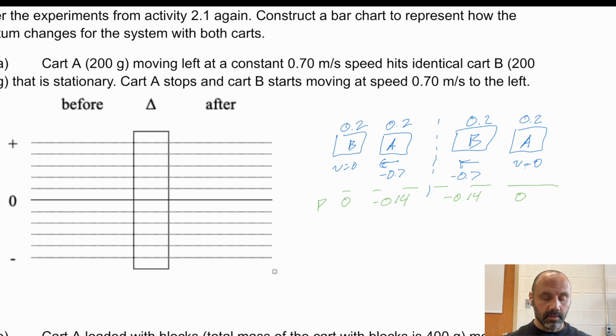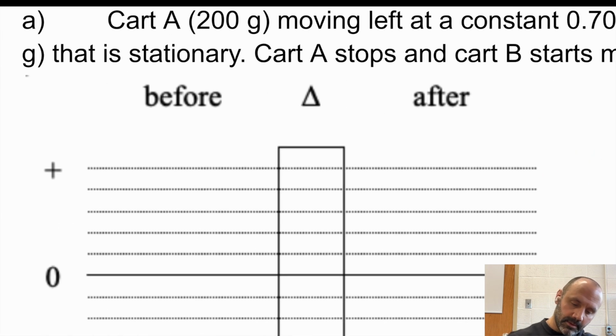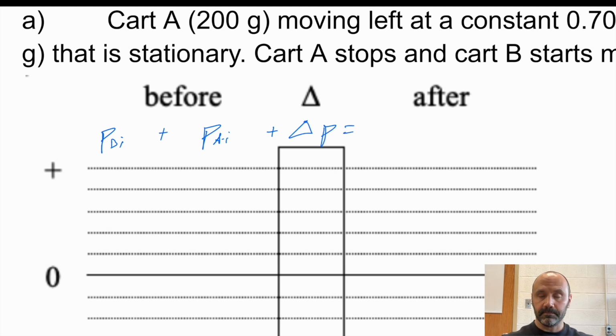So when I look at this, with the money, I had different forms of money. What I have here is different objects that can have momentum. So cart B can have momentum, cart A can have momentum, etc. And so the equation I'm going to write at the top is going to have to do with momentum. And it looks like this. So here is the momentum of cart B initially, and the momentum of cart A initially, plus any changes in momentum to the system, right?